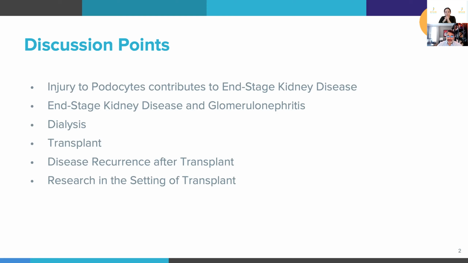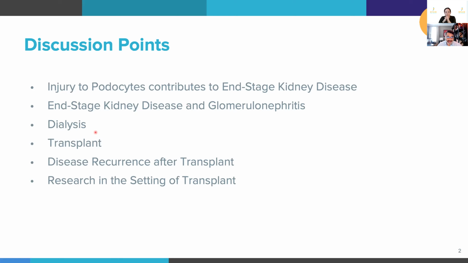So just to start with a few discussion points and an overview of what we'll talk about today, I'm going to go over, just as a refresher, what the podocyte is and why that causes proteinuria and eventual kidney disease. We'll talk a little bit about the intersection of end-stage kidney disease and glomerulonephritis, and why this is a difficult space for us to study very well, just because it is a relatively rare disease.